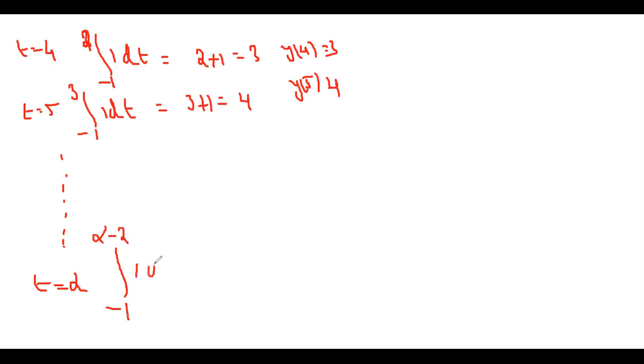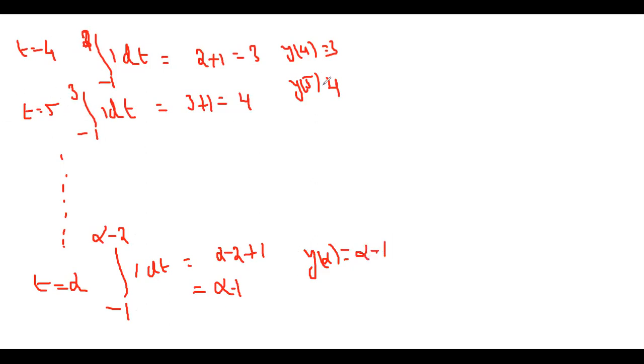So 1 into dt is equal to infinity minus 2. Minus of minus 1 is a plus. So that is equal to infinity minus 1. What is the y of infinity? y of infinity is equal to infinity minus 1. So one value is reduced.